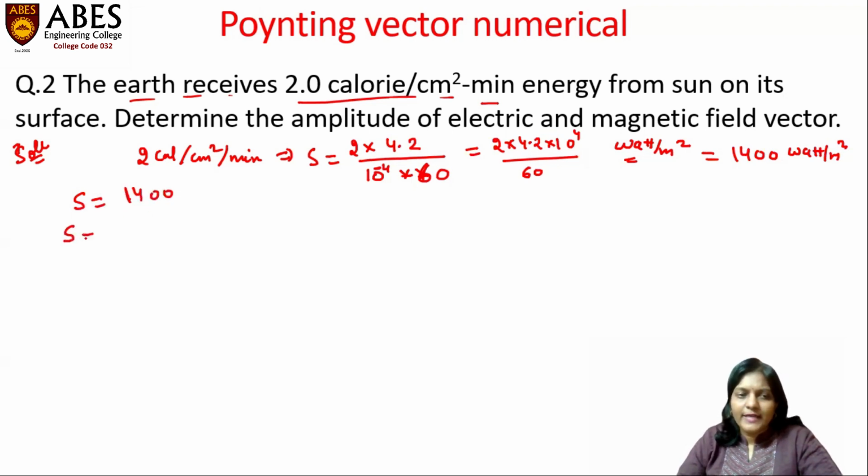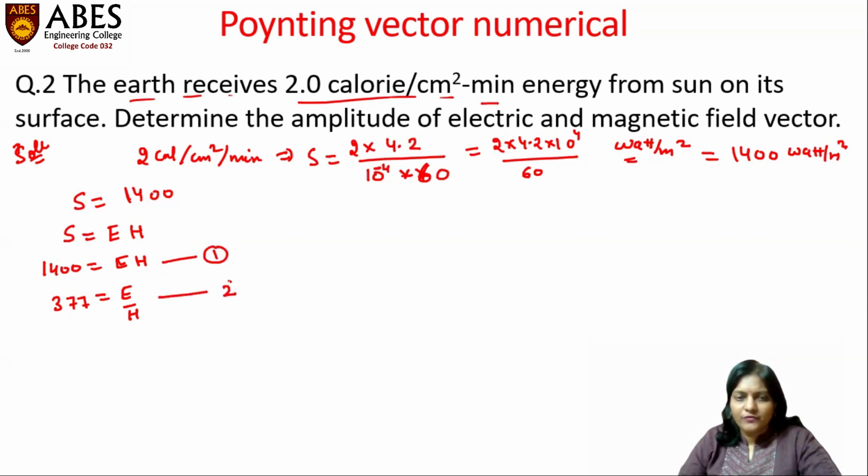But we know that S is the cross product of E and H, and E and H are perpendicular to each other. It means the magnitude of Poynting vector S is equal to the magnitude of E into the magnitude of H. So S is equal to 1400 is equal to E into H. And the ratio of the electric field vector and magnetic field vector is always around 377.